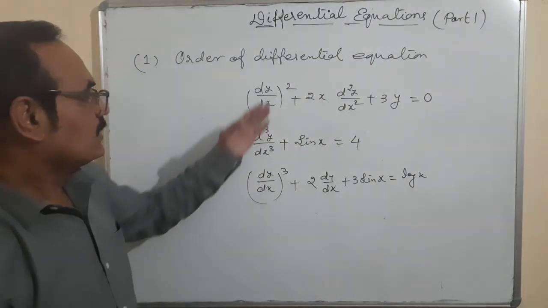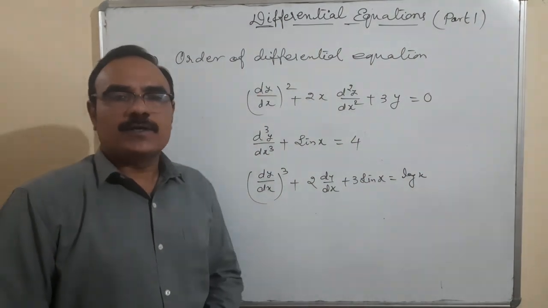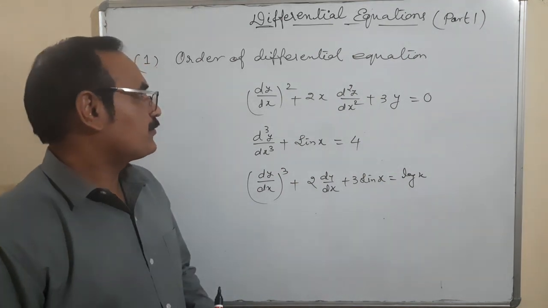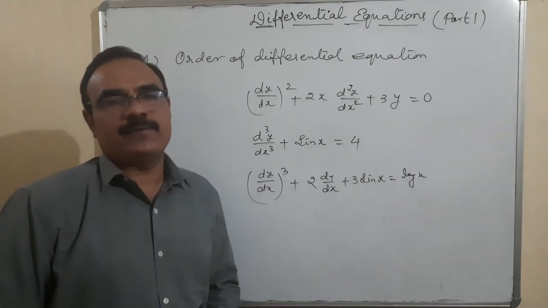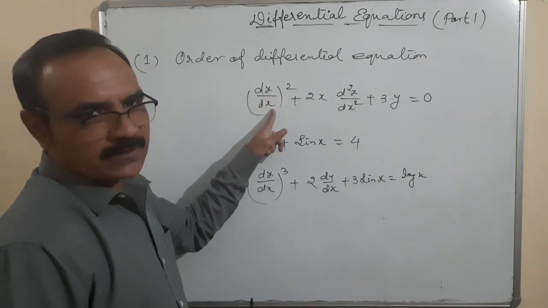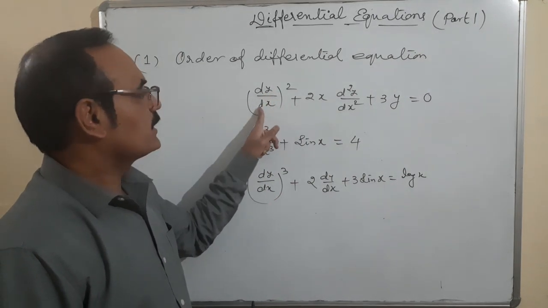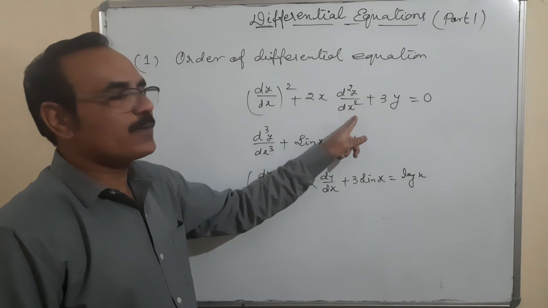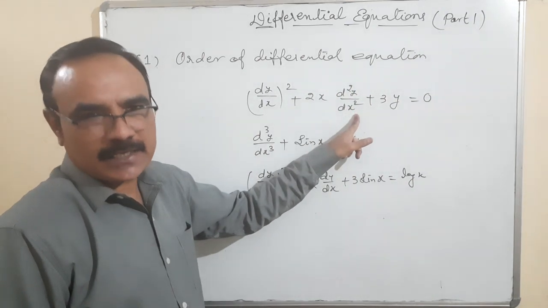In all these, you are going to find out the order of the derivative. Here dy by dx is only first order. Here d square y by dx square is second order.